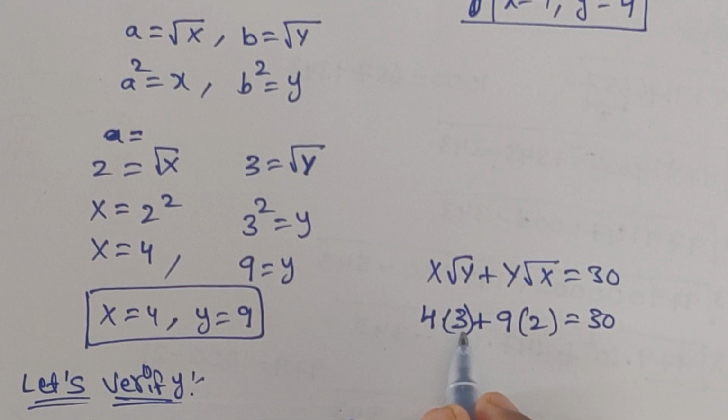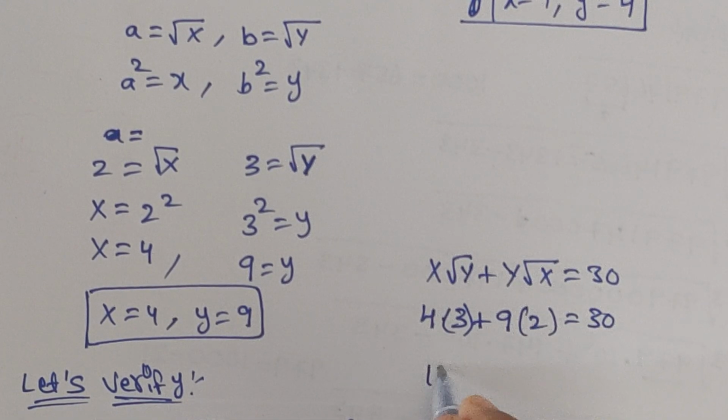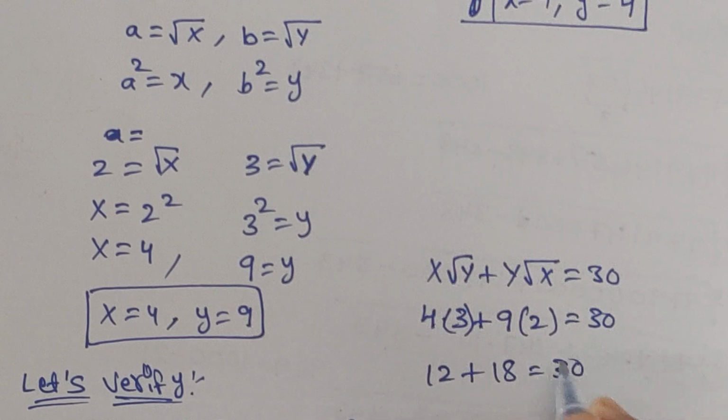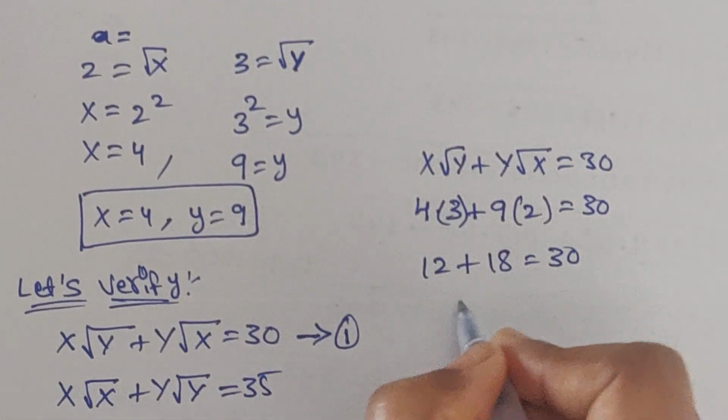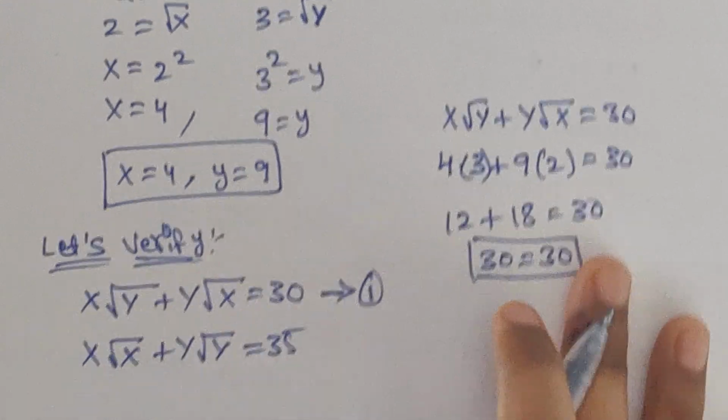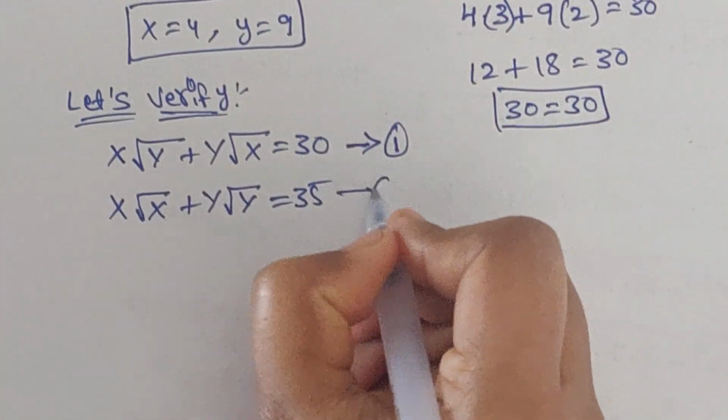So 4 times 3 which is equal to 12 and 9 times 2 which is equal to 18. So 12 plus 18 which is equal to 30 equals 30. So this is true.